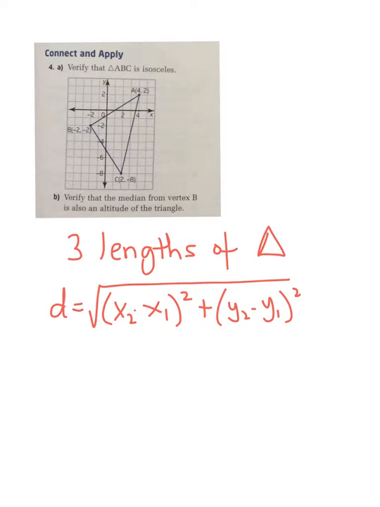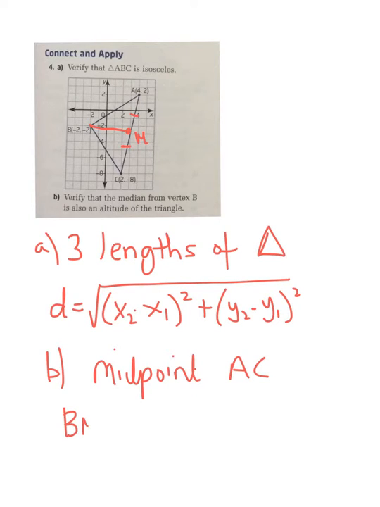Verify, and B says verify that the median from vertex B is also an altitude. So you've got to find the median here, and that is by finding the midpoint. So find the midpoint of AC. And now how do you prove that it's also an altitude? So let's just call that, say, point M. So now to prove it's an altitude, you've got to prove that BM is perpendicular to AC.